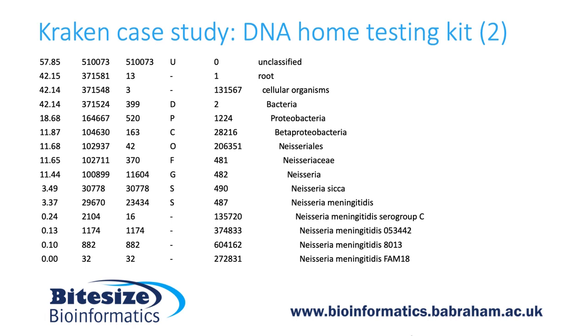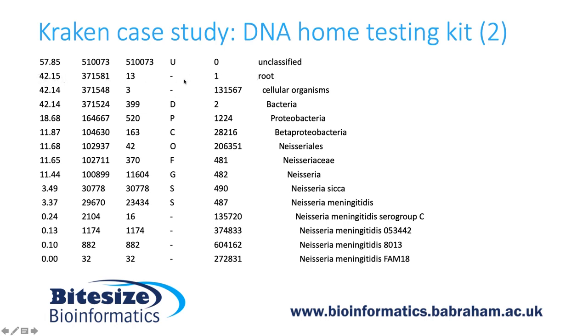And this is the standard output you get from Kraken. Right at the top here, what we have is the proportion of our reads which were unclassified by Kraken. So around 58% were unclassified. However, Kraken was able to classify a sizable amount of them, around 42%.